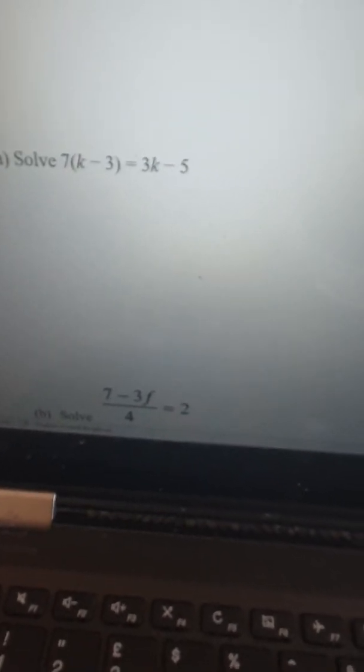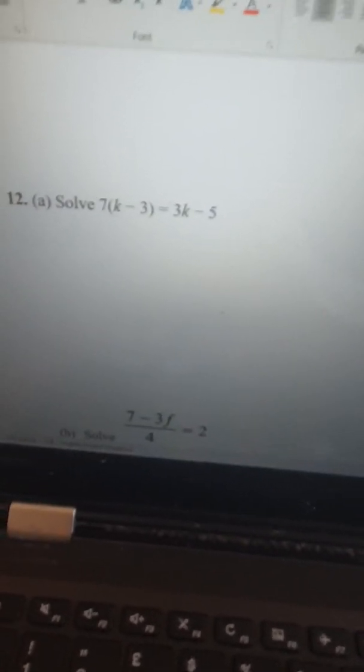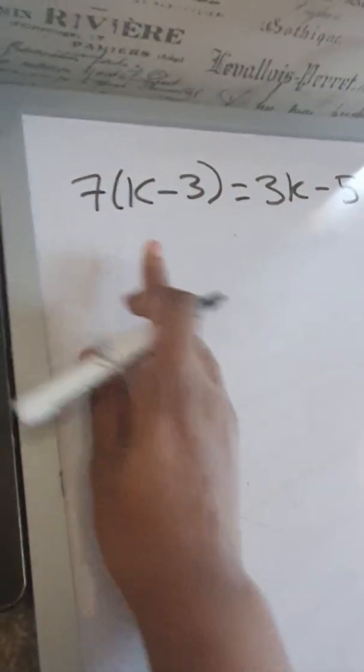Now, if I move on to the next question, as much as it has loads of extra steps, it's not actually that much harder. So we've got 7 times (k minus 3) equals 3k minus 5. Now what I want to do is expand this side and then do the same process as before.